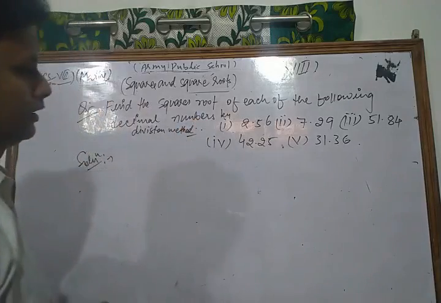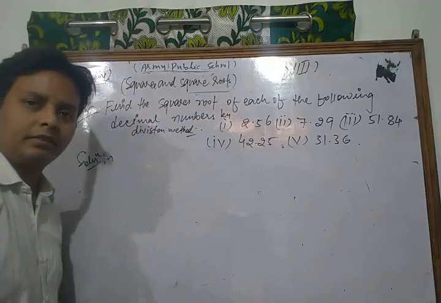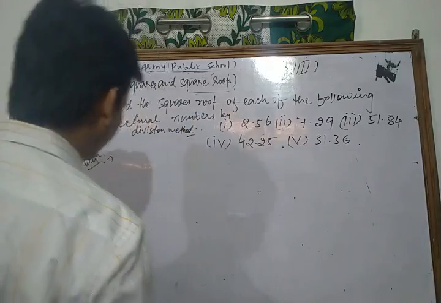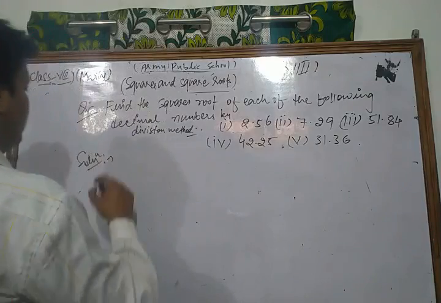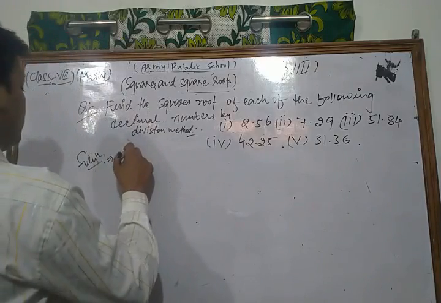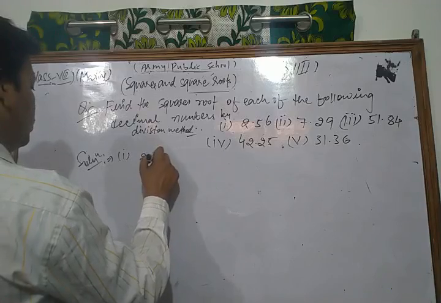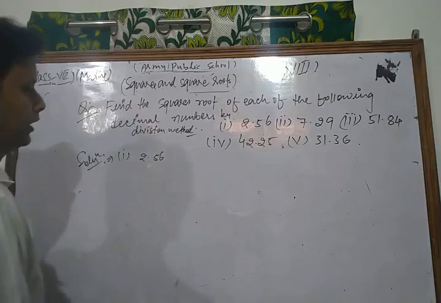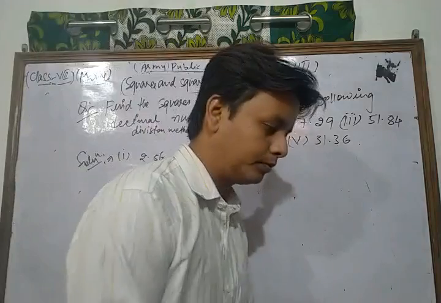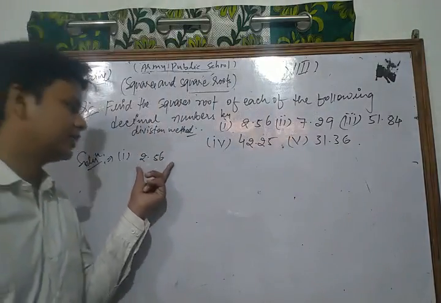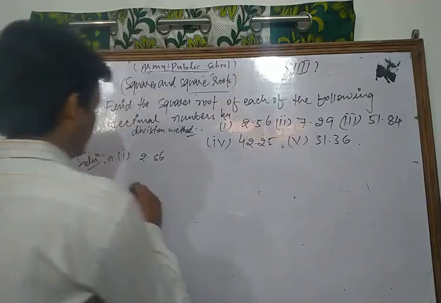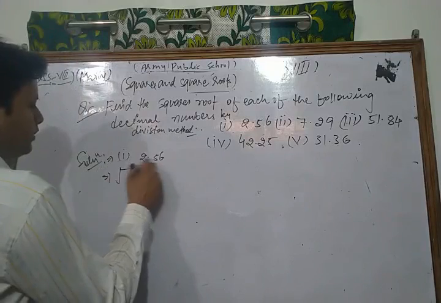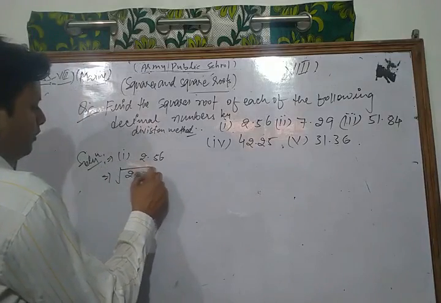Now let's solve each and every part of that question one by one. First of all, we take the first part of this question, which is 2.56. For finding the square root of the given number by the division method, we find the square root of 2.56.